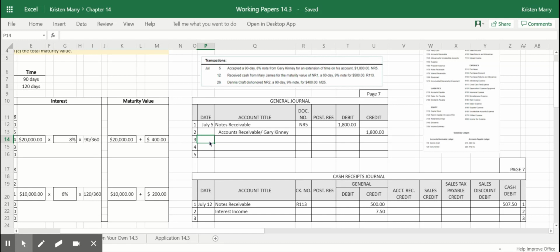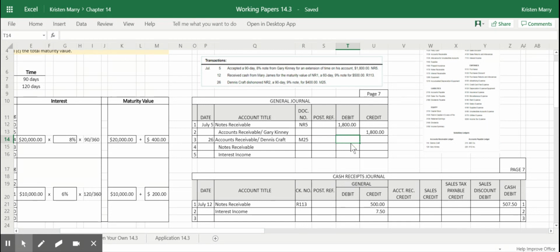All right, July 26th, accounts receivable, Dennis Kraft. Our notes receivable account is going to be a credit, and interest income is a credit. This is memo 25 is our document number.